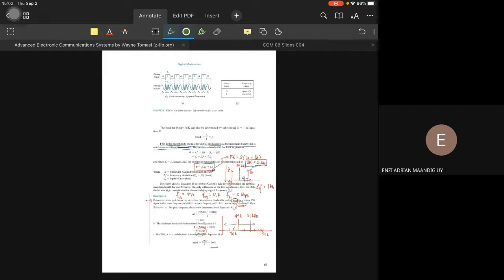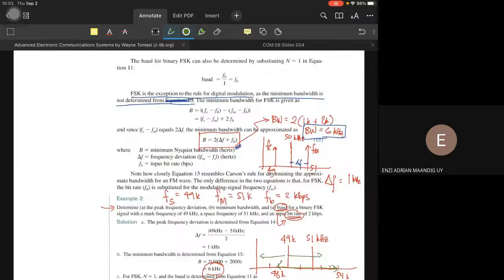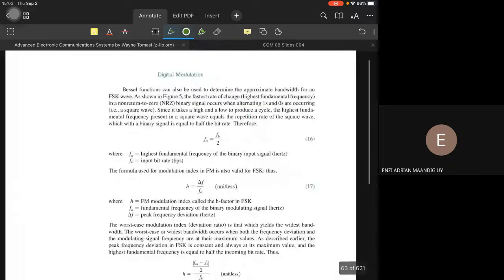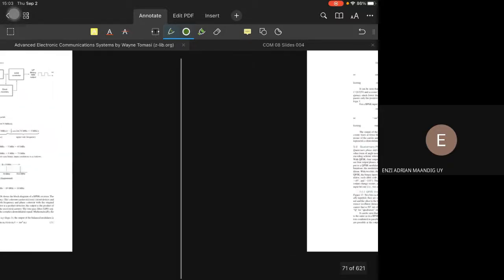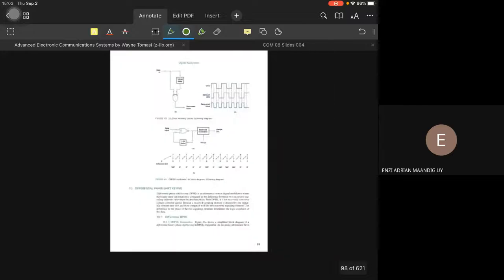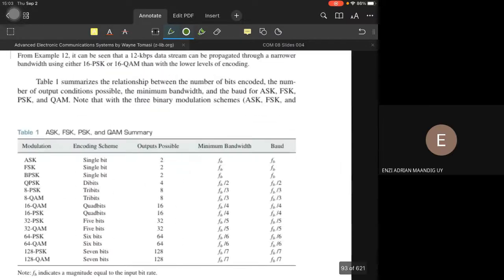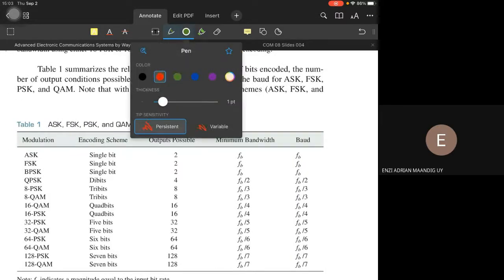So here is another example. Before we end, here is the summary. Focus on your attention here.